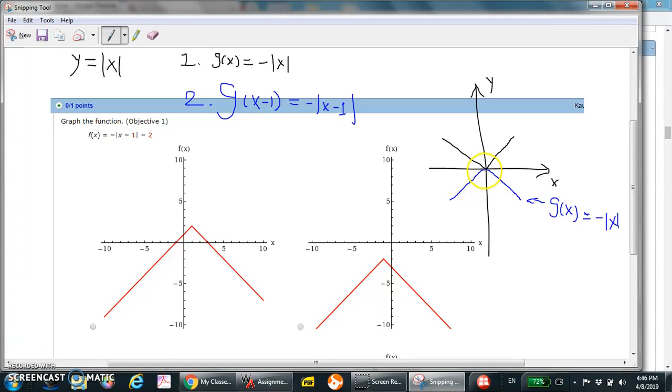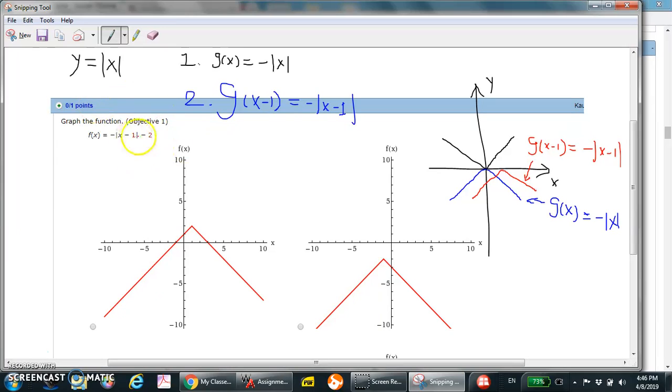So I'm going to shift this blue one to the right for 1 unit. Then I will get something like this. So this red one is the graph of g(x minus 1), which is negative the absolute value of x minus 1.